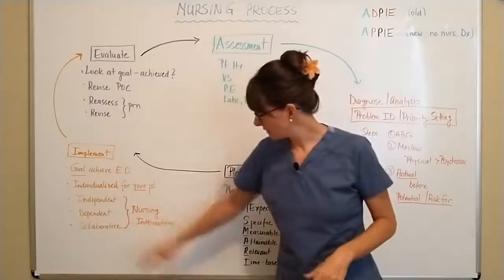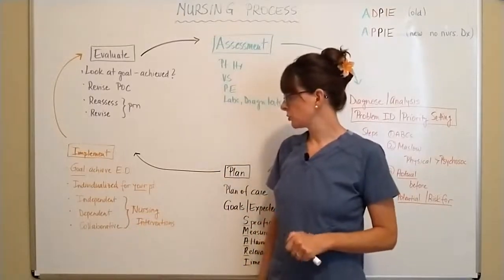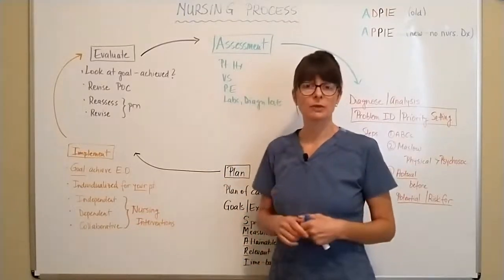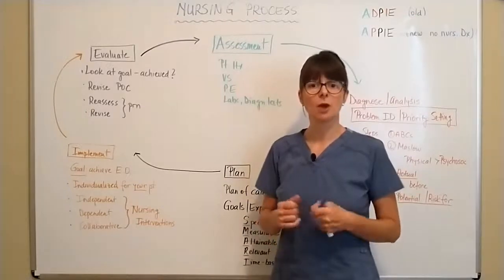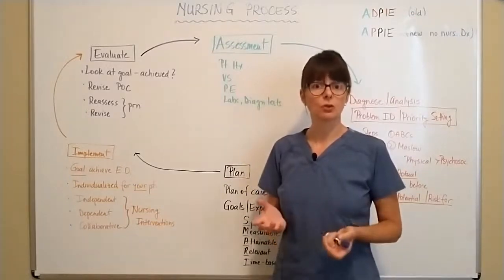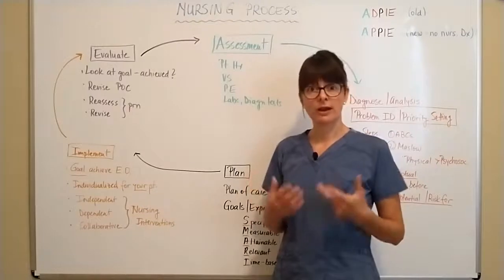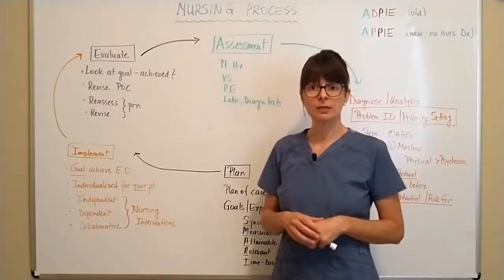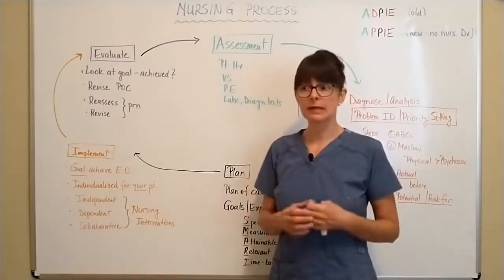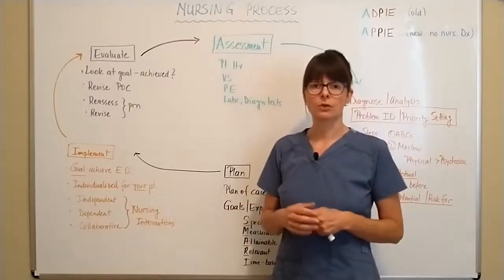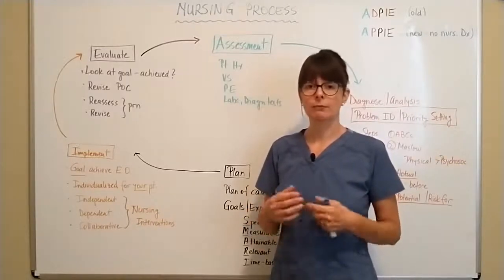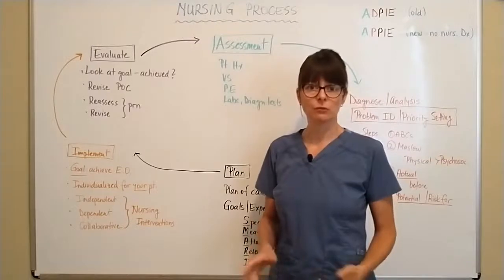And then collaborative interventions could be something that you would collaborate with somebody, let's say physical therapy, occupational therapy, the social worker. Remember, we can also have psychosocial needs here that we need to address, such as anxiety or fear or disturbed body image. If there was an amputation, for example.